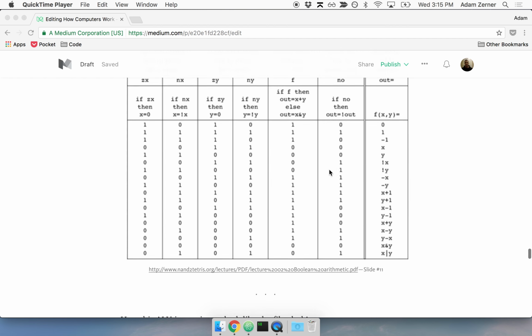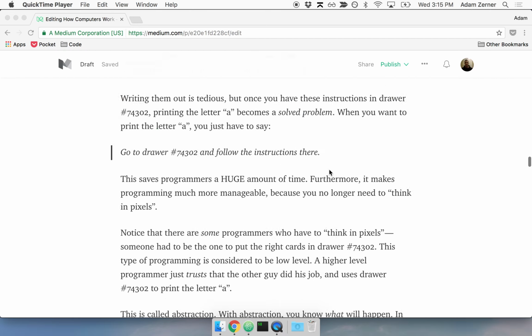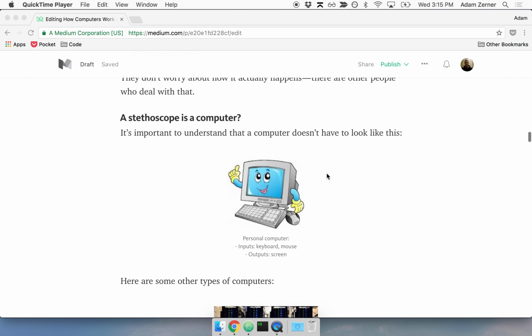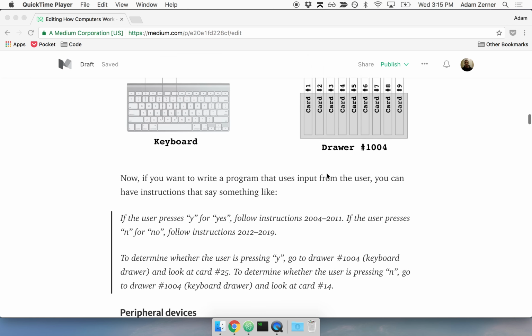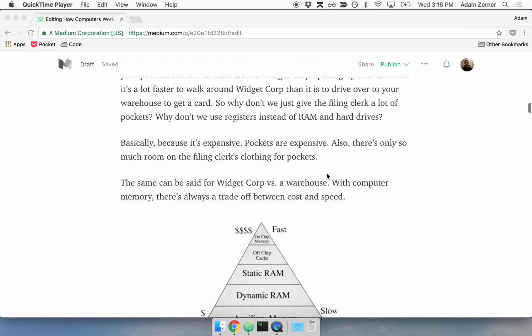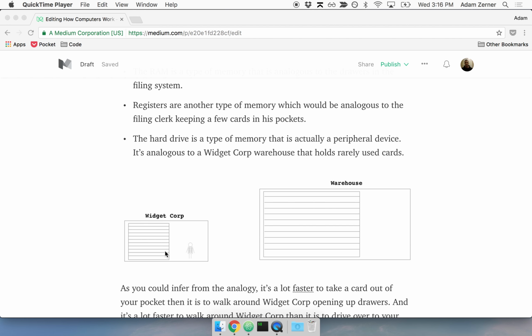If you remember from way back earlier, I used an analogy to describe the computer's memory, all the way up here, where I said that there's different types of memory. The drawers are analogous to RAM. The warehouse is analogous to a hard drive, and the file clerk has pockets, which are a very fast and small type of memory.